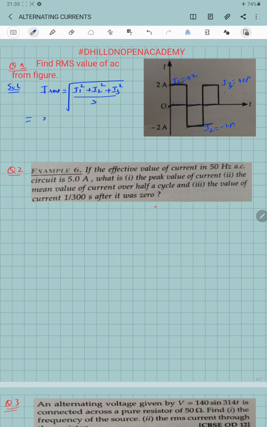So it will be equal to the root of 2 square plus minus 2 square plus 2 square divided by 3, which will be equal to 4 plus 4 plus 4 divided by 3, 12 divided by 3, 3 4s are 12, 4 under the root, which is equal to 2 ampere. This is our first answer.